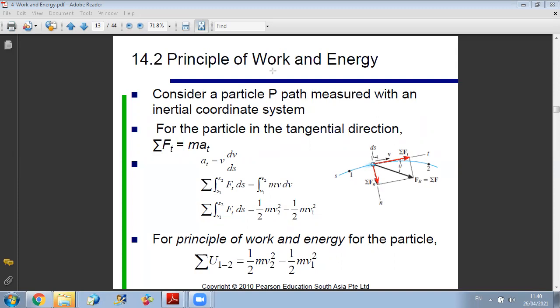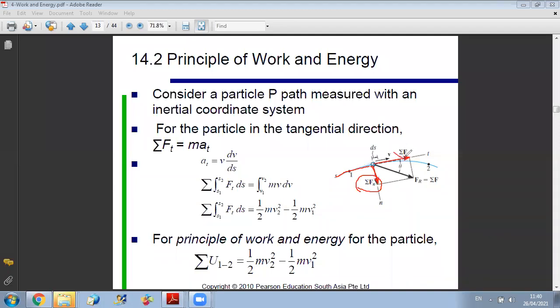So if I have a curved motion, then I can decompose my forces into tangential forces, which are along the path of motion, and normal forces, which are perpendicular to the path of motion. And going back to our definition, normal forces will not do a work because they will be always perpendicular to motion.